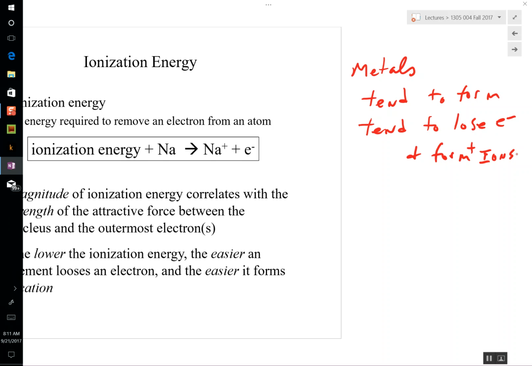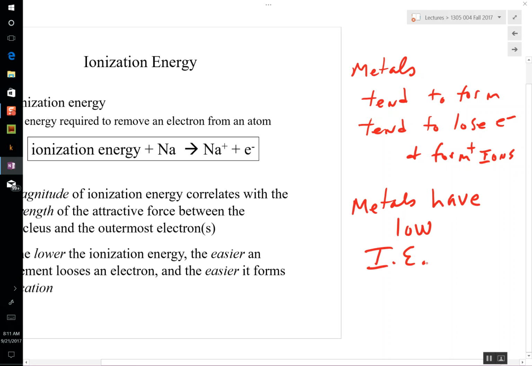Nonmetals, on the other hand, are the opposite. They tend to gain electrons and form negative ions. So just from knowing that, we could conclude that metals have low ionization energies.